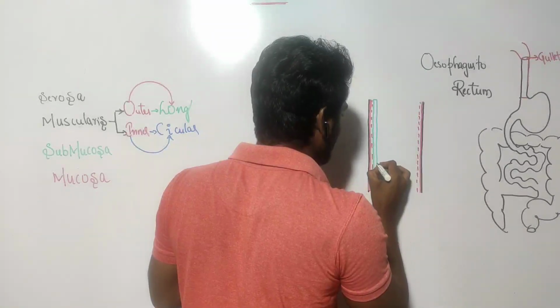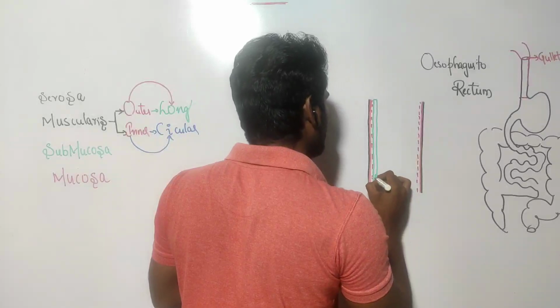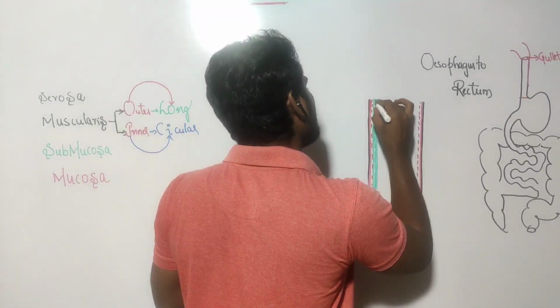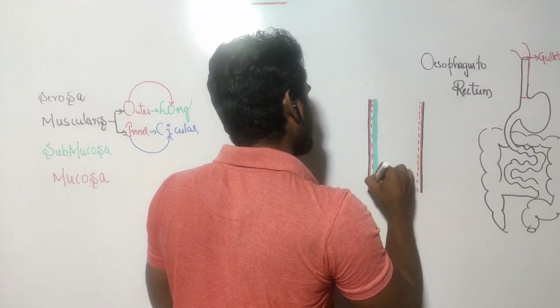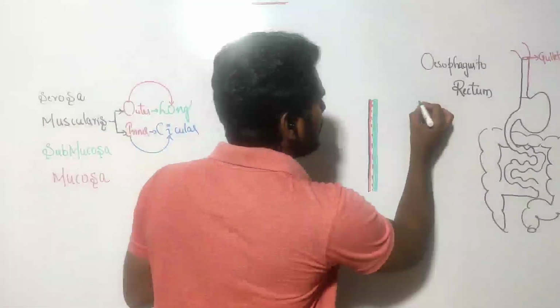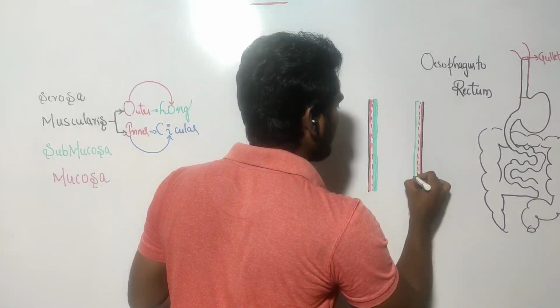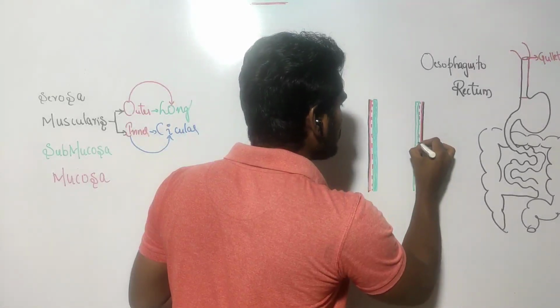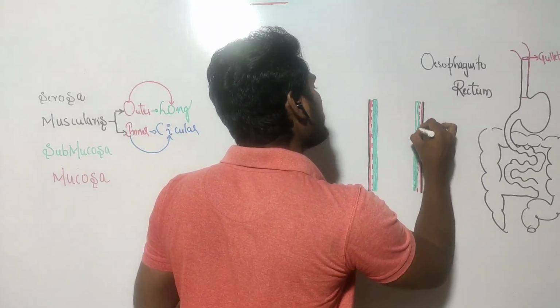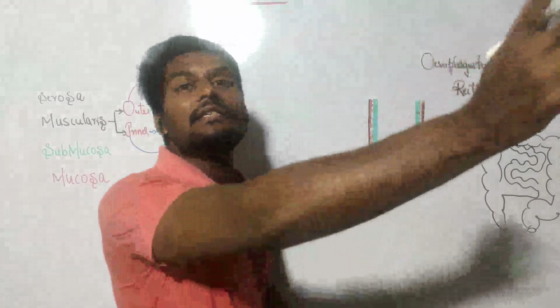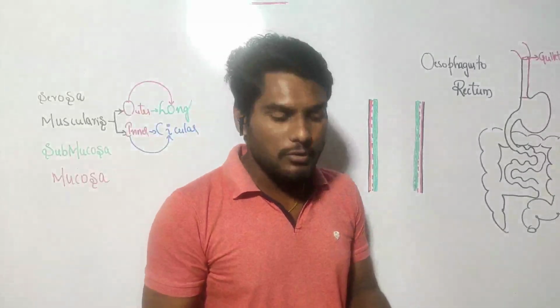This is the submucosa layer. All this is submucosa. And here also, this is the submucosa layer. So the circular muscle is in contact with the submucosa layer. The longitudinal muscle is in contact with the serosa.